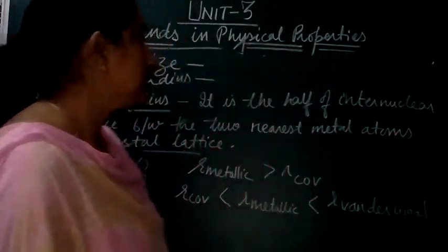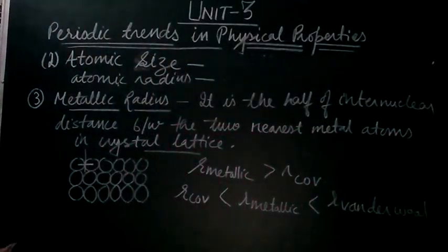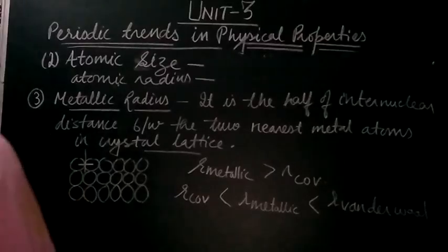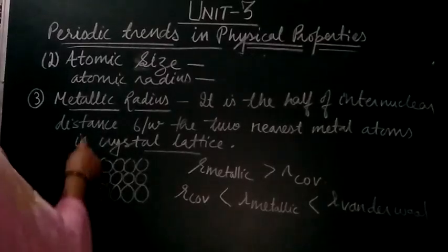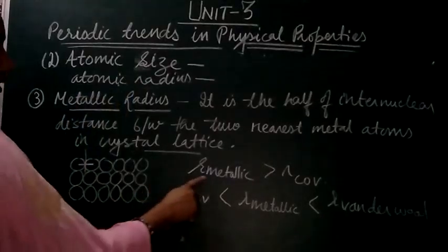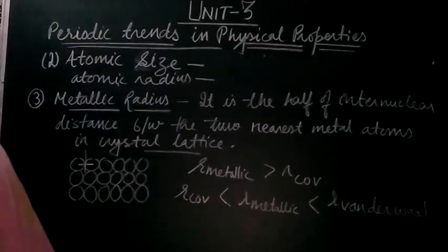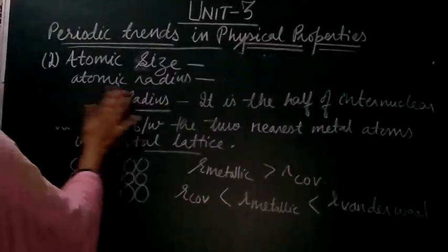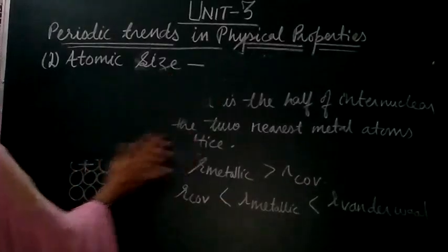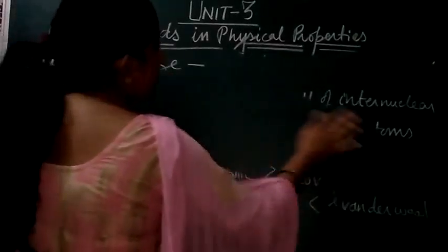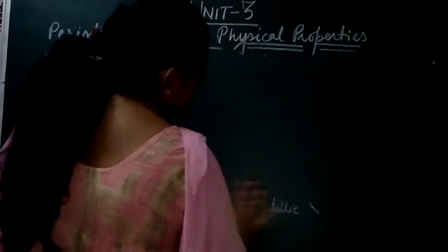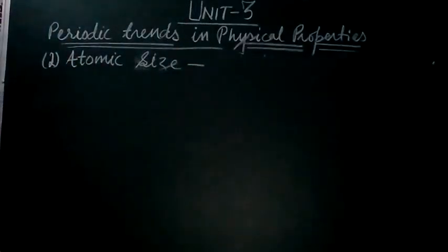First we will discuss the variation of the atomic radius across the period and down the group, right? So far as atomic radius is concerned, we deal with only covalent radius, metallic radius and the van der Waals radius. So we will discuss now the variation of the atomic radii across the period and down the group.